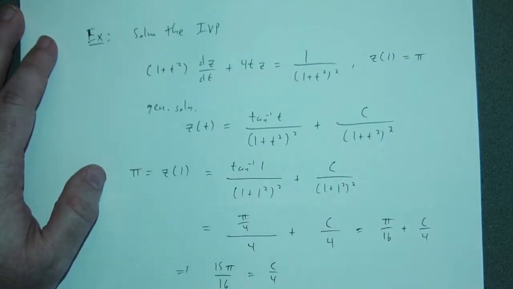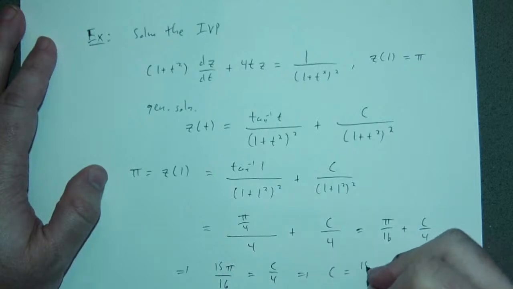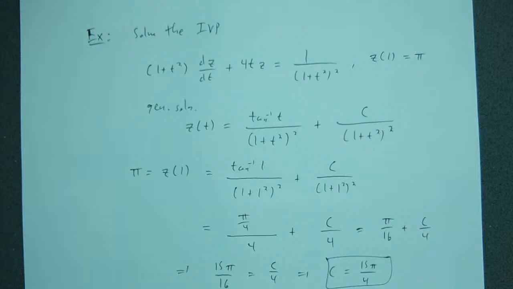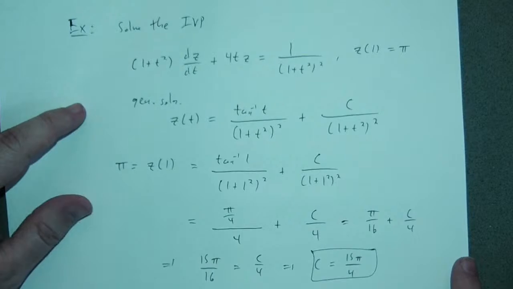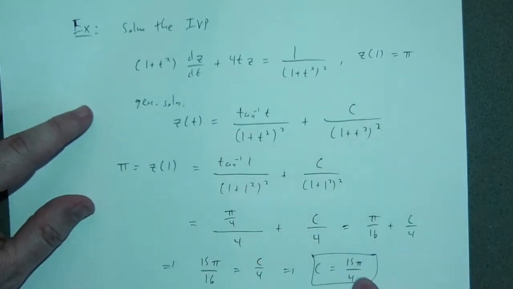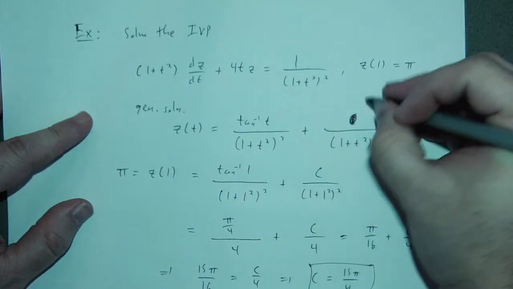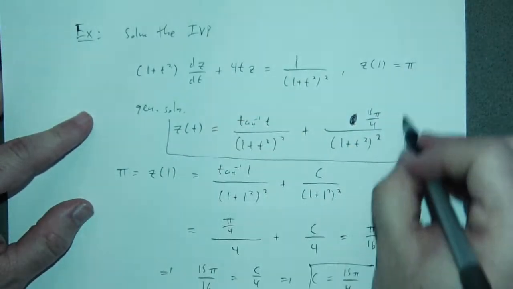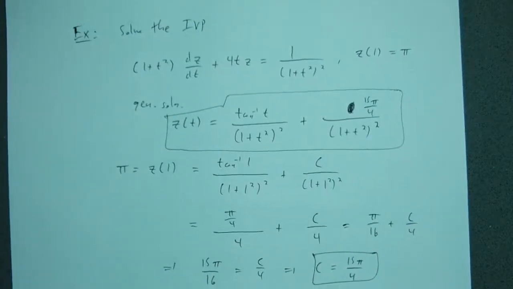Then multiplying by 4, I get that c is 15 pi over 4. And so what is my solution to the IVP? It's this. I've just replaced c with 15 pi over 4. So maybe I'll do it that way rather than rewriting this. All right, there's my unique solution to the IVP.